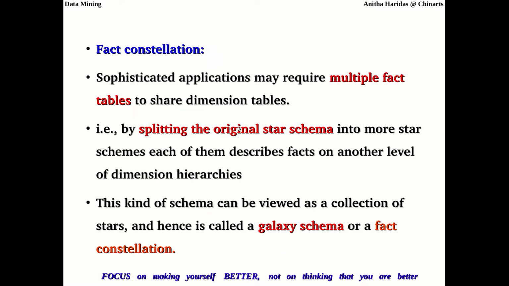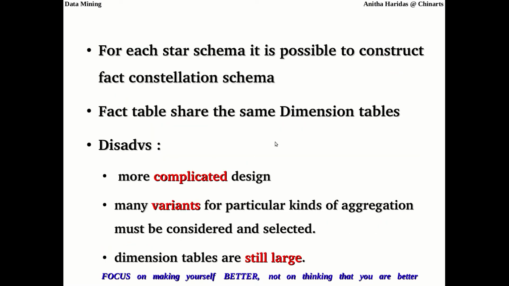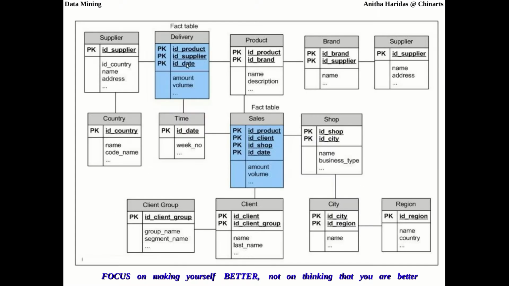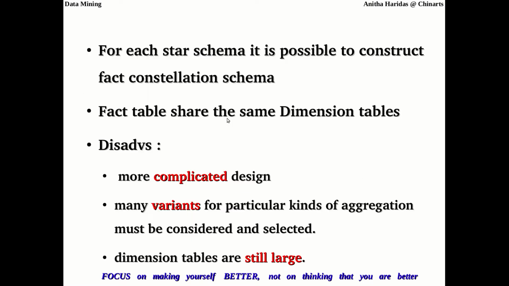So that is what is told here, splitting the star schema. So instead of just storing the delivery information and sales information in a single fact table, I am going to store it in two different fact tables. I split the information into two different fact tables, and these fact tables will be sharing the dimension table. So they share the same dimension table.